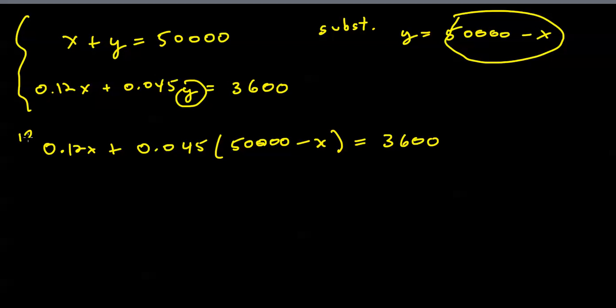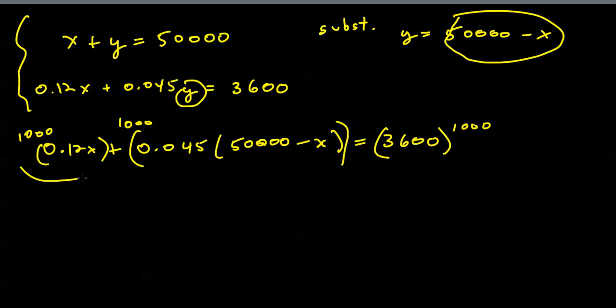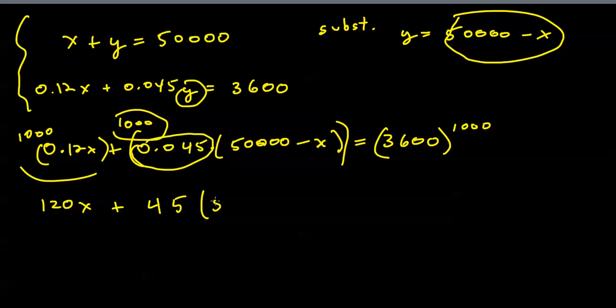Basically I'm going to take each term and multiply by 1,000 on both sides. 1,000 times 0.12x will give me 120x, plus, multiplication is associative, so I can multiply 1,000 times 0.045, which is 45, times the remaining factor, 50,000 minus x, equals 3,600 times 1,000, which is going to be 3,600,000.